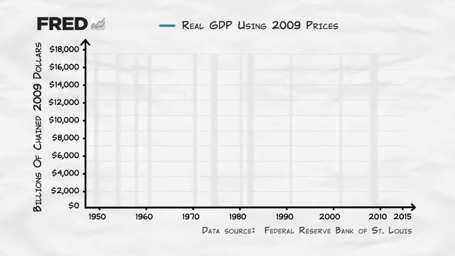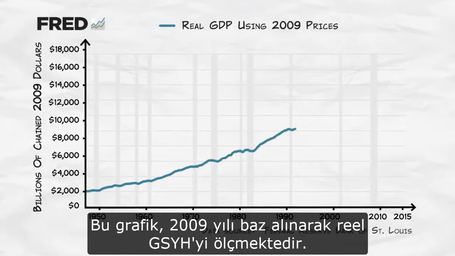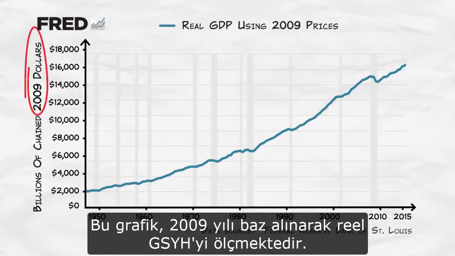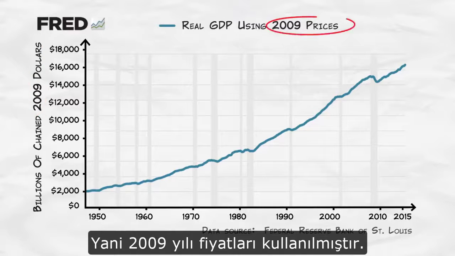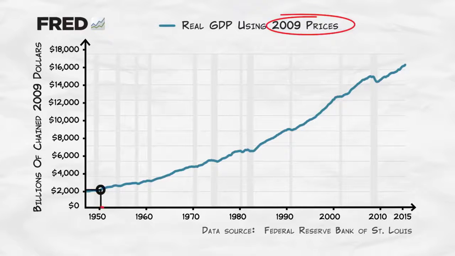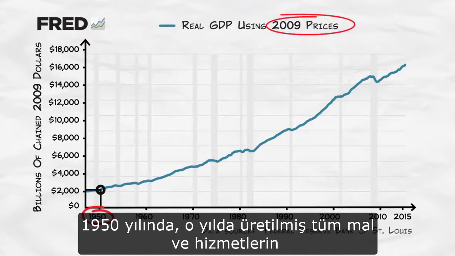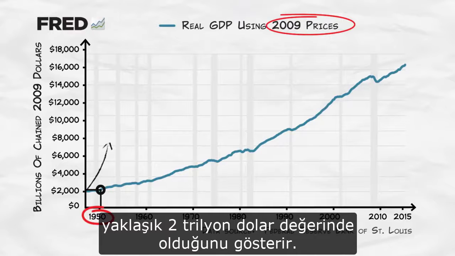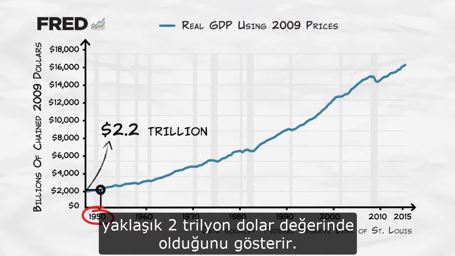Here's what we get. This graph measures real GDP in 2009 dollars. That means using 2009 prices. This graph tells us that using 2009 prices consistently, in 1950, all the goods and services produced at that time were worth about $2 trillion.